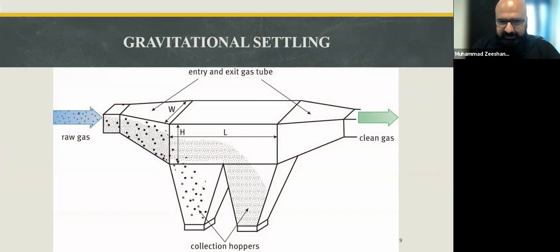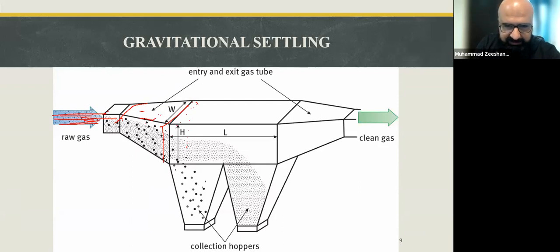One very basic technological option that we have to control particulate matter from a stationary source is the gravitational settling chamber, right? It's a very simple settling chamber. What we do is we have an inlet of dirty gas, and that dirty gas gets a large cross-sectional area to flow through.